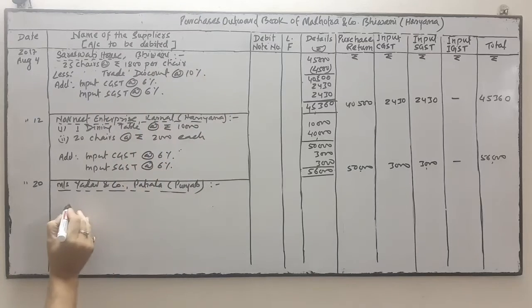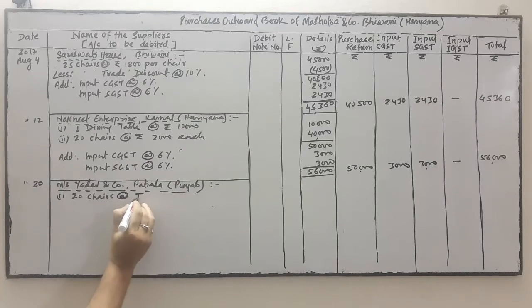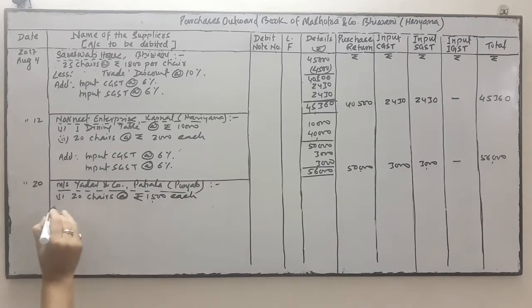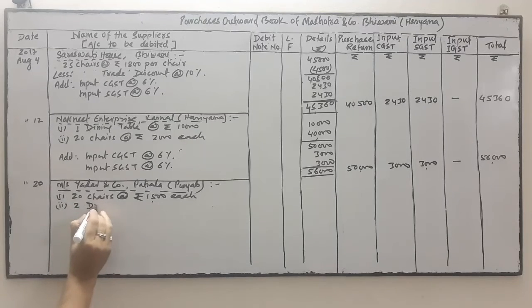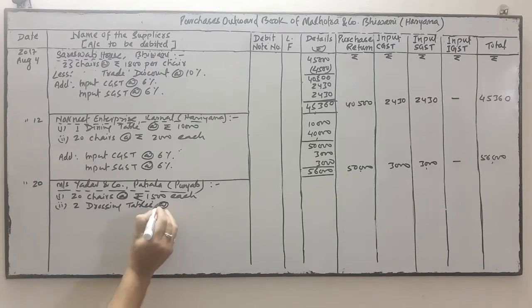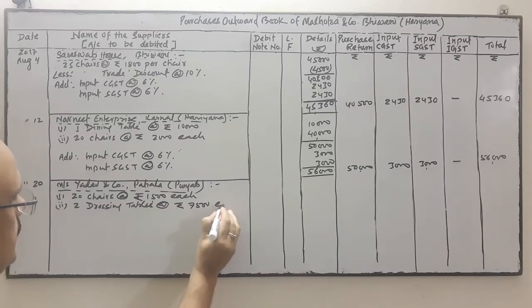So what has he returned? Number one, 20 chairs at the rate of rupees 1500 each. Second one is two dressing tables at the rate of rupees 7500 each.